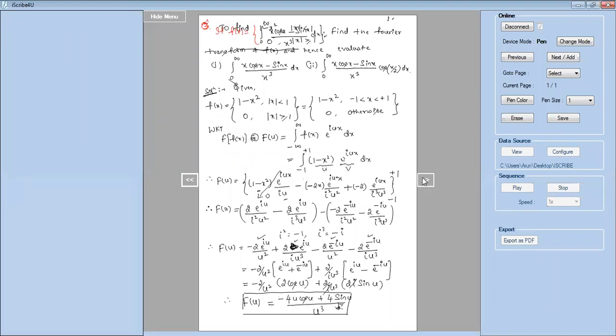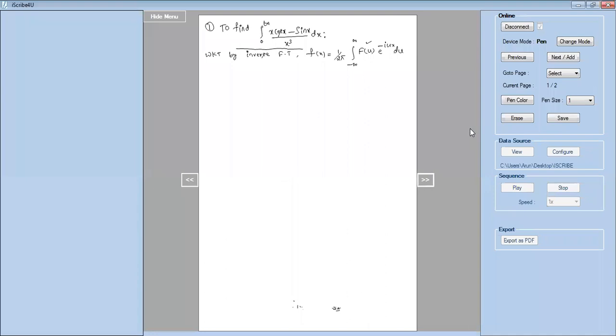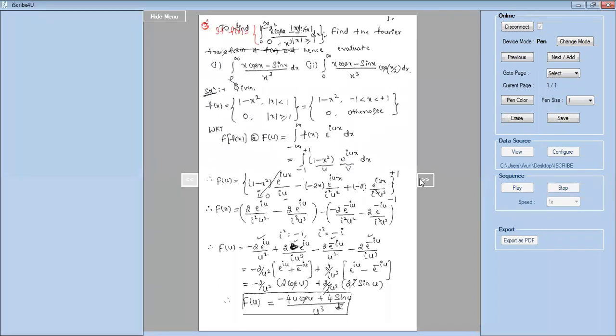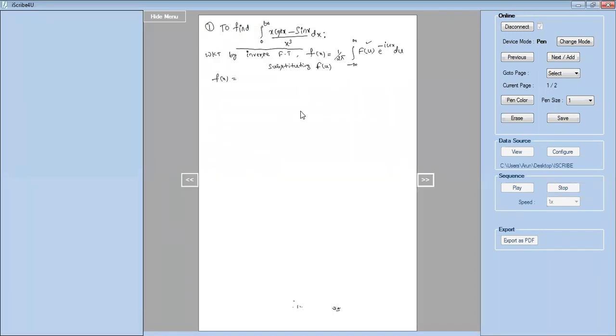Let us substitute now. Substituting F of u, we get f of x is equal to 1 by 2 pi integral from minus infinity to plus infinity. What is F of u?